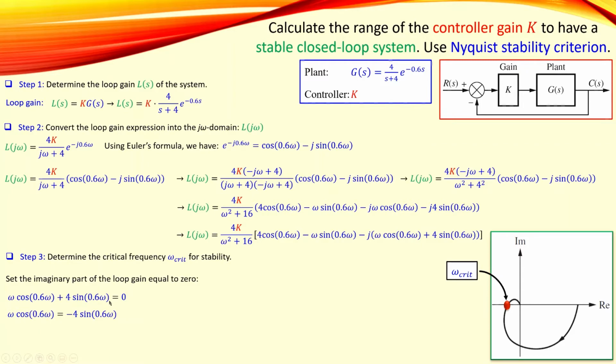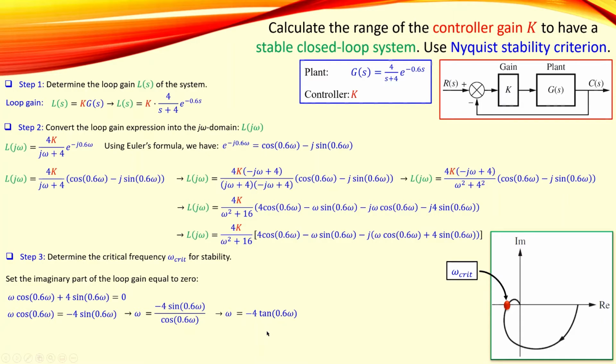Place the sine term on the right side, which is a little easier to follow: omega is equal to minus 4 sine 0.6 omega divided by cosine 0.6 omega. Rewriting it in a different form, omega is equal to minus 4 tangent of 0.6 omega.